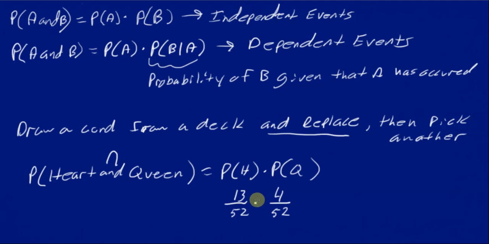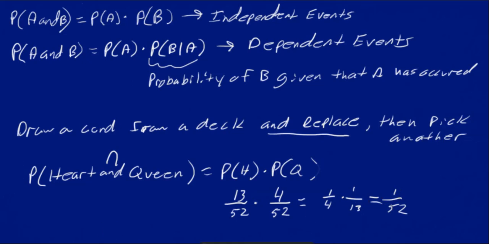Now we just need to reduce this fraction down. 13 out of 52 is 1 out of 4. 4 out of 52: the 4 reduces to 1, and 4 goes into 52 13 times, so it's going to be 1 over 13, or that's going to be 1 out of 52.